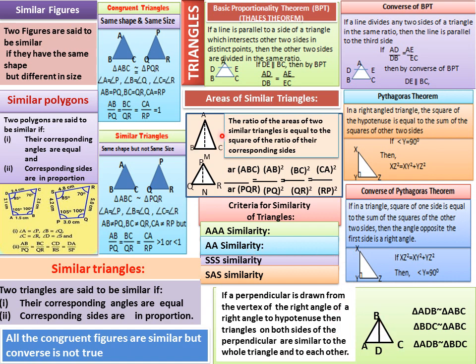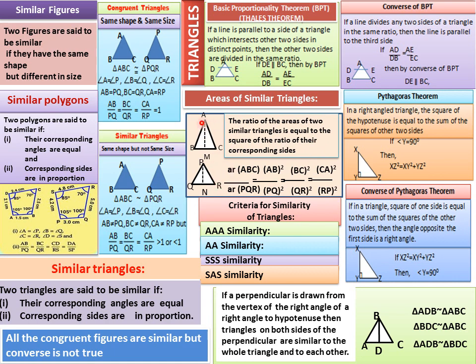So then, areas of similar triangles. If I have two triangles ABC and PQR which are similar, then the ratio of the areas of the two triangles is equal to the square of the ratio of the corresponding sides.